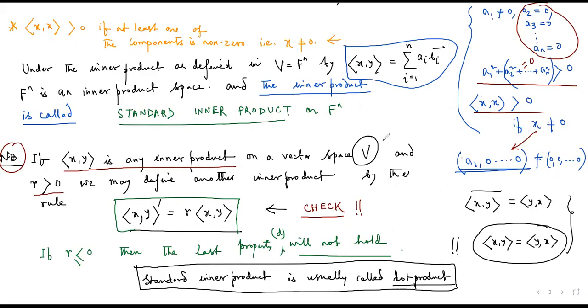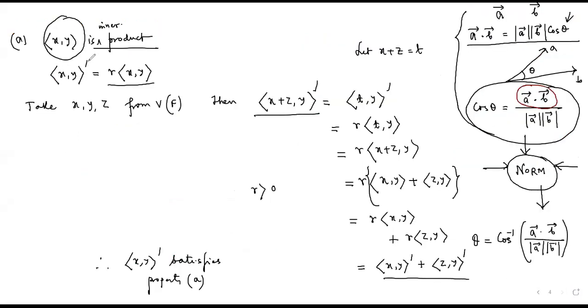V is not Fn here. V is any vector space, and R is a positive number. The only information given is that XY is inner product. Now another inner product has been defined, so you have to use the information regarding this inner product and develop all the properties for this new inner product, denoted by prime, where R is positive.